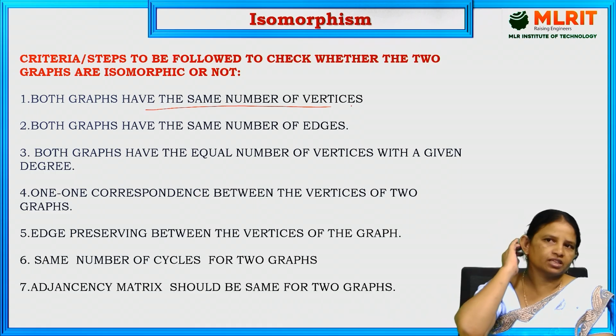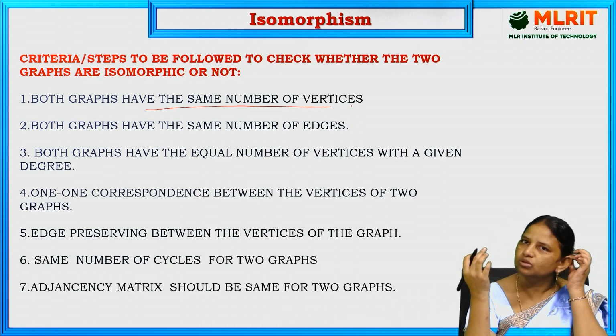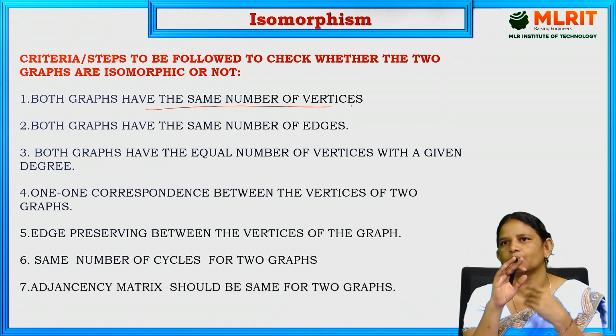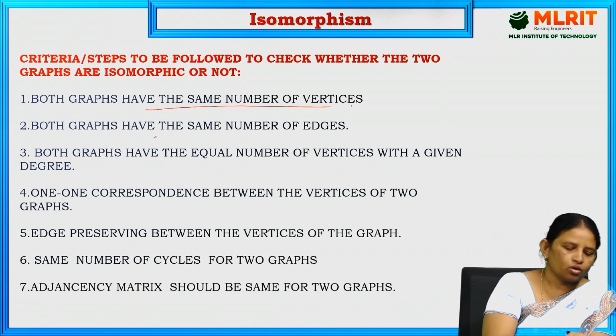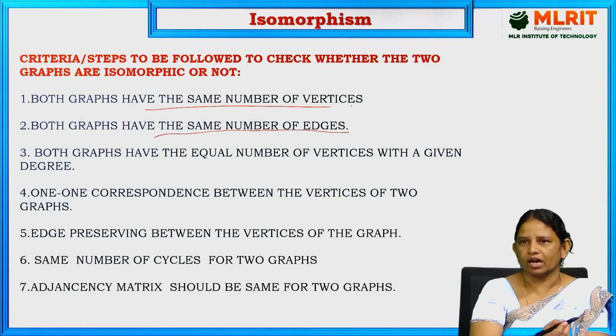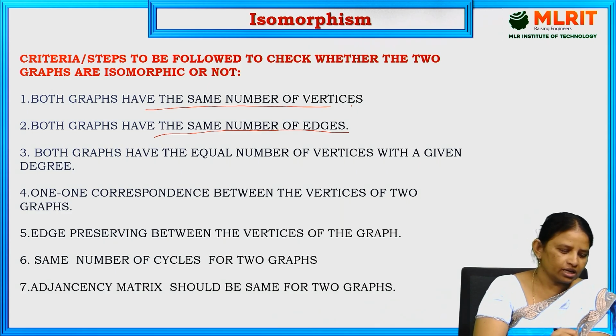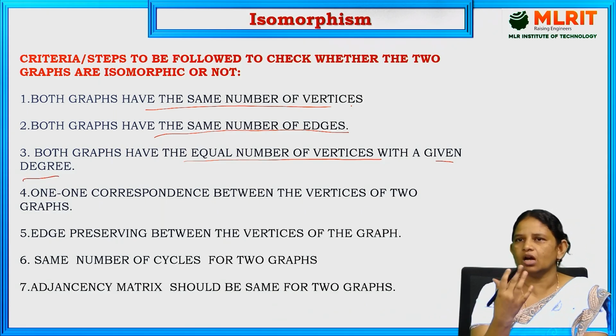Second: both graphs have the same number of edges. Third: both graphs have an equal number of vertices with a given degree, that means the degree sequence is also the same for the two graphs.